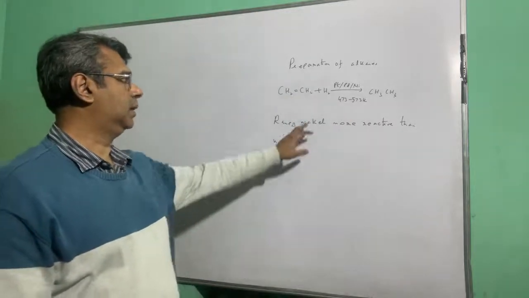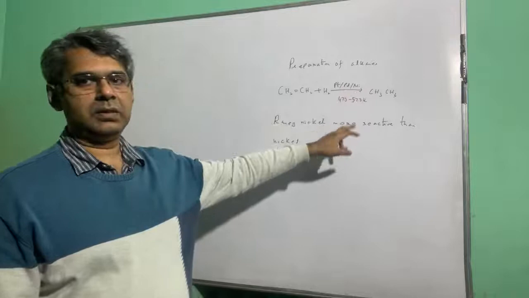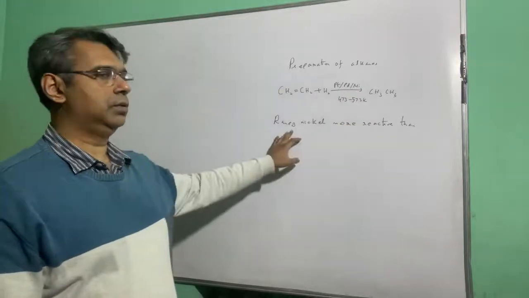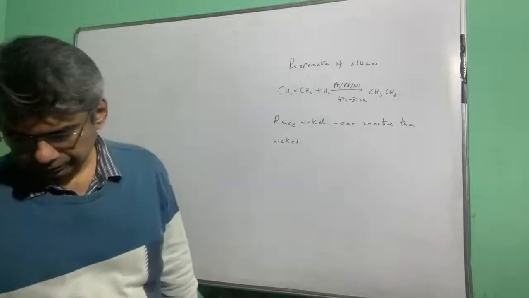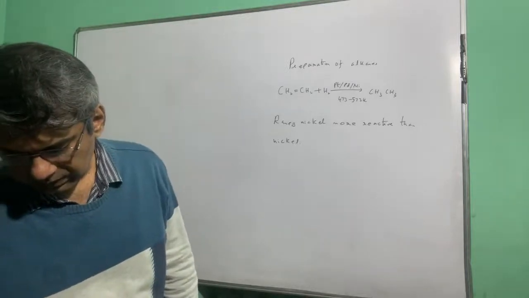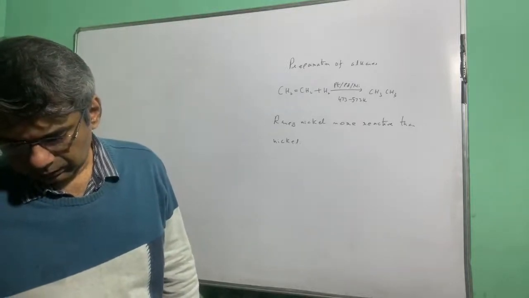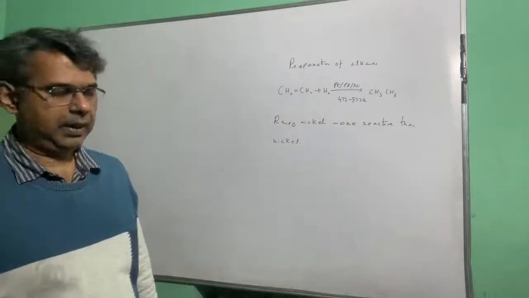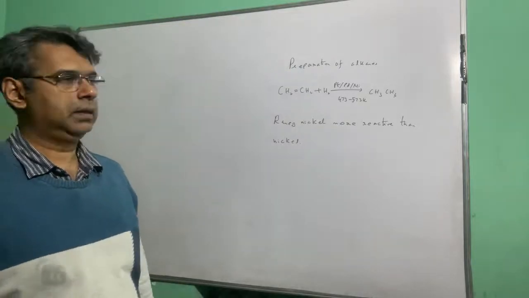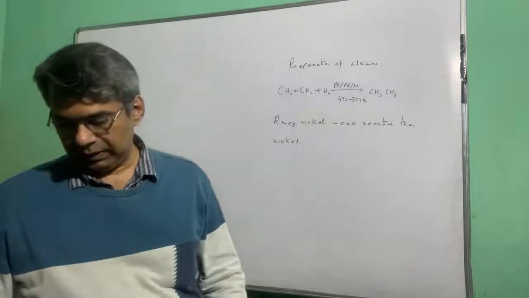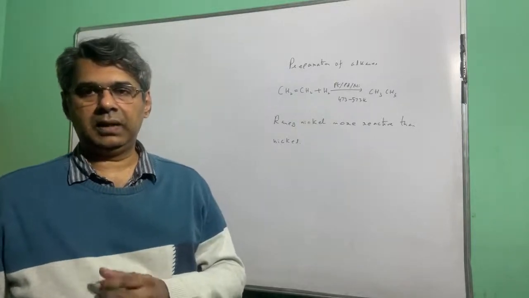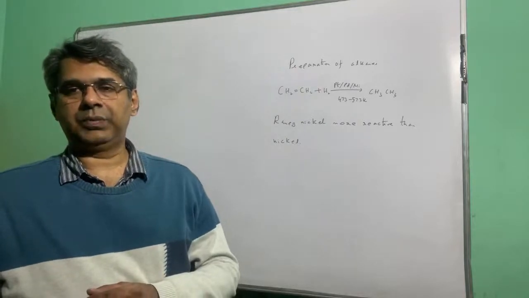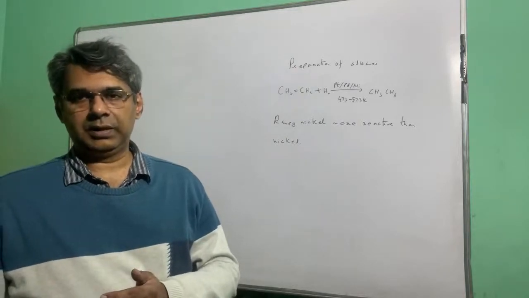Now for reducing the alkene we are using these catalysts. There is another option, you can use one catalyst called Raney nickel. What is Raney nickel? You have to take equal amounts of nickel and aluminium, and wash it with NaOH.